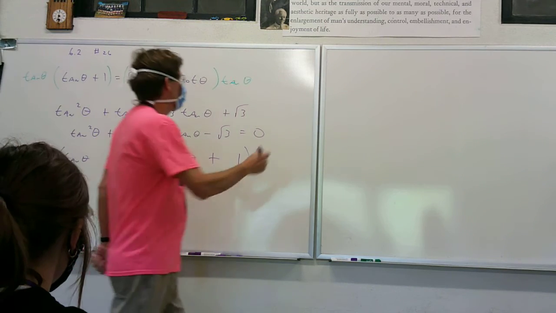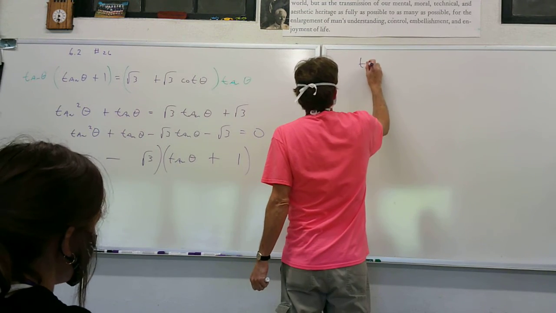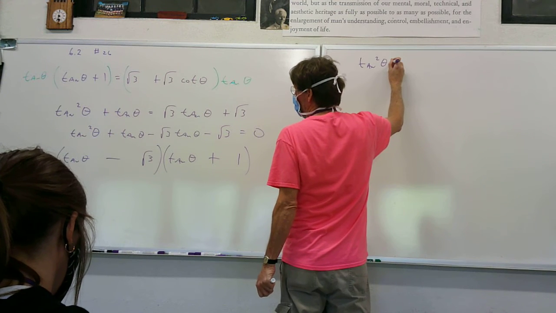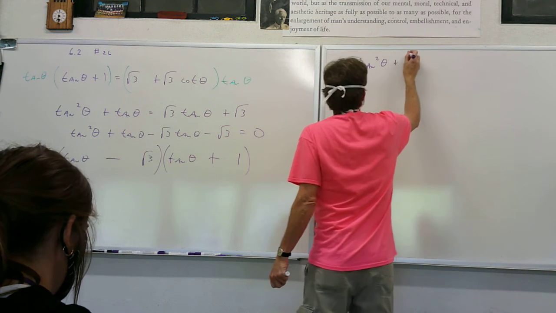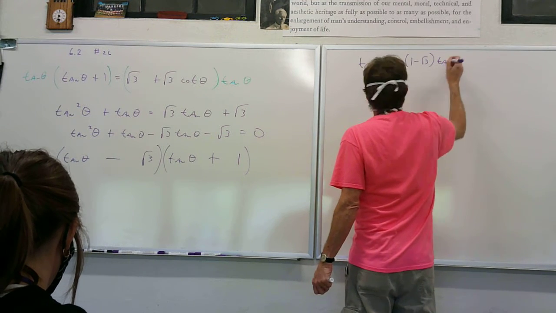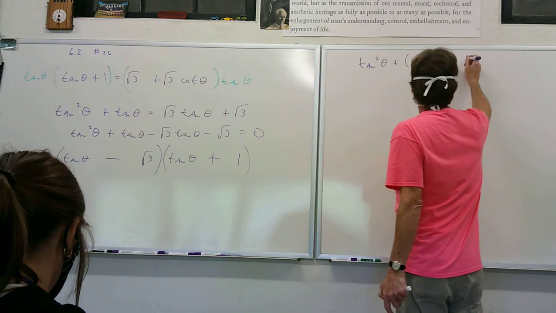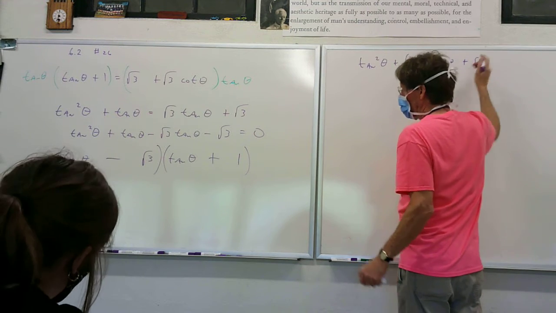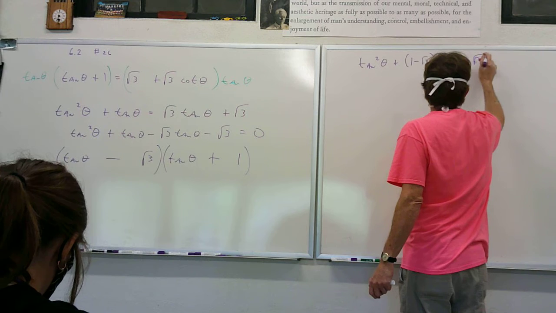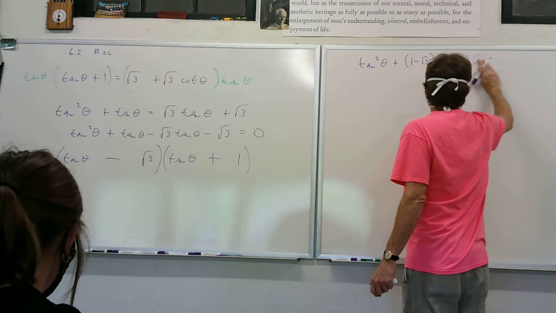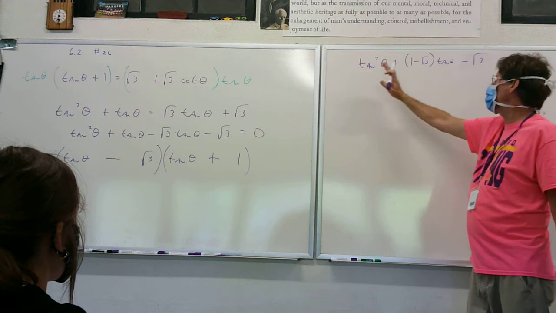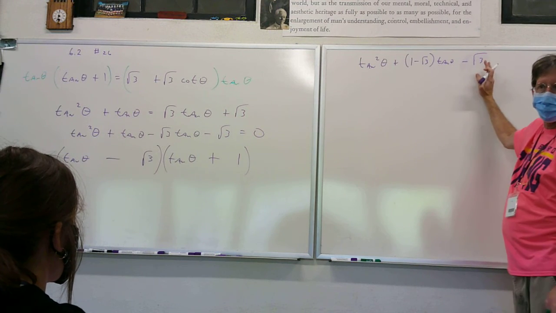Somebody says, well, okay, because you could have written it like this. And then you see that it really is just a trinomial. See, you've got tangent squared, then there's your tangent, and then there's your number.